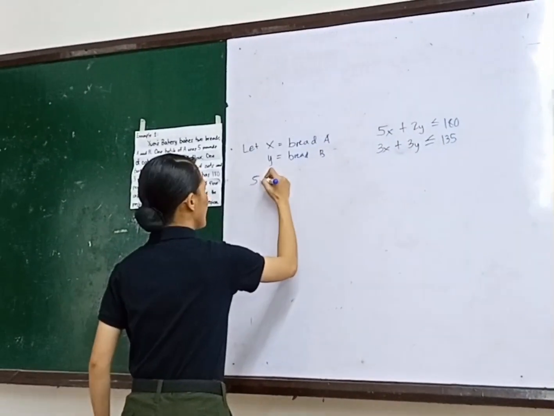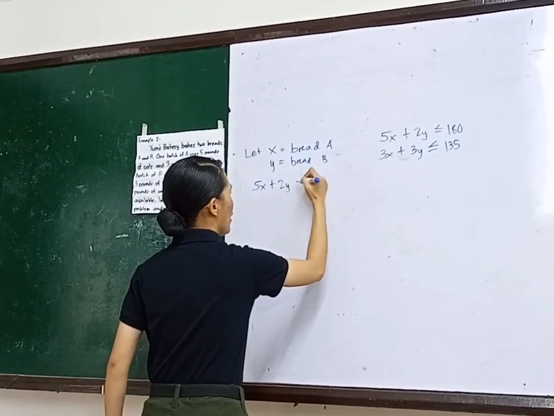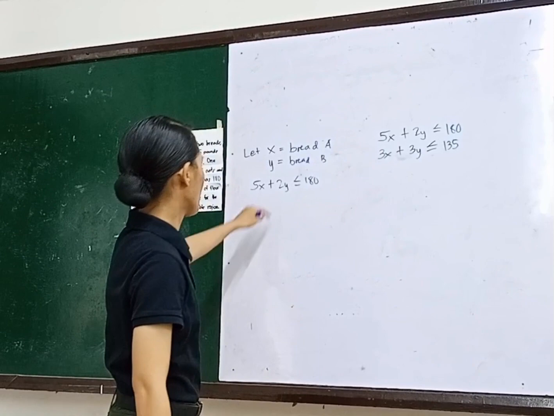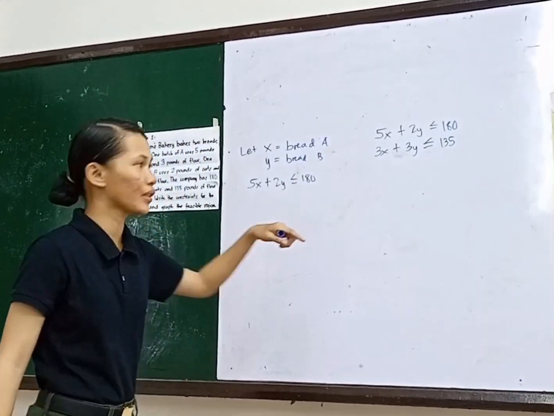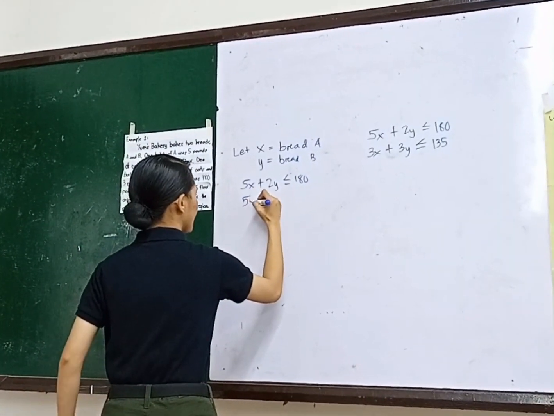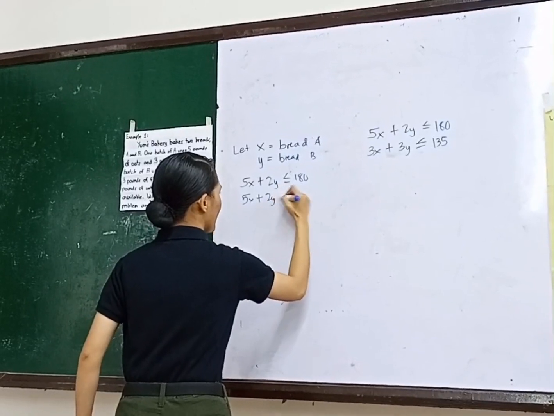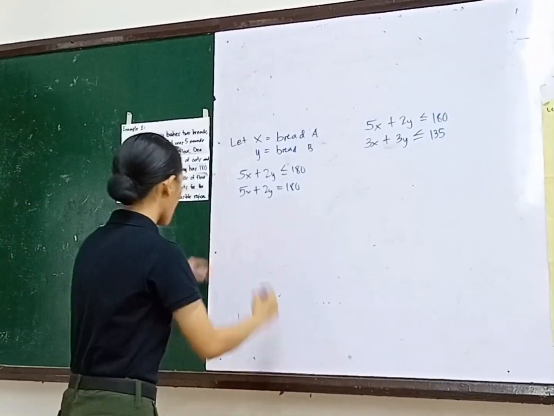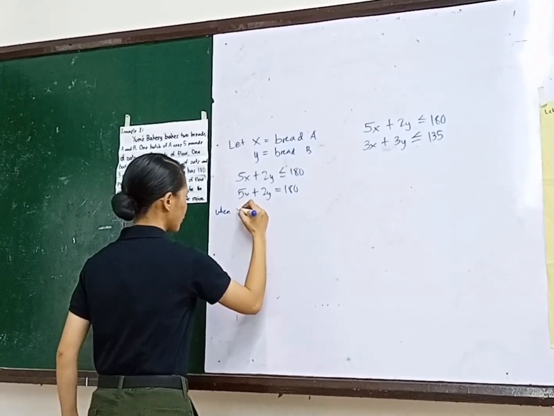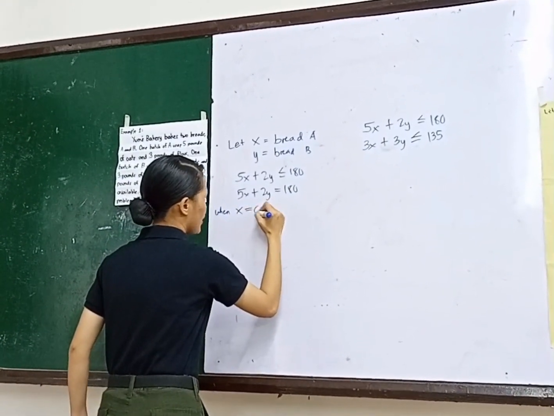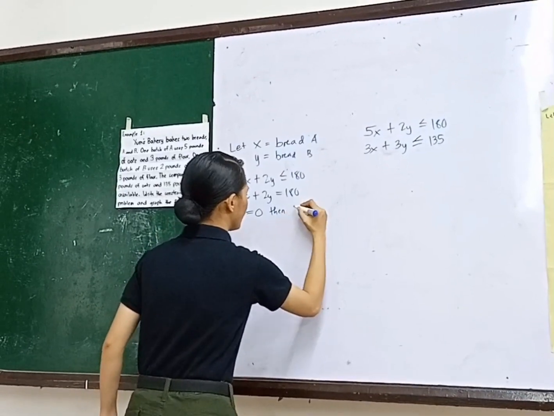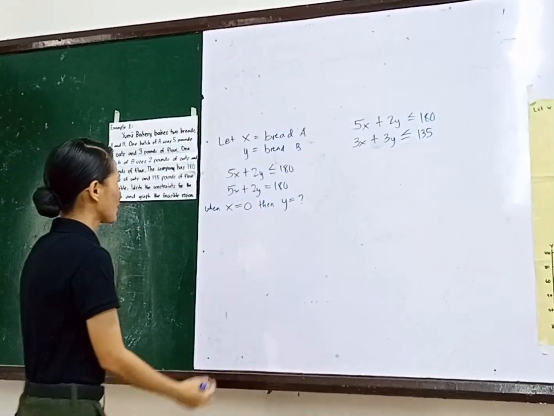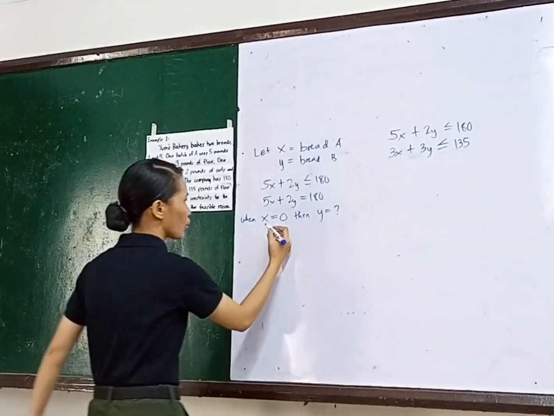So to draw the constraint, we copy this one. 5x plus 2y less than or equal to 180. We treat it as 5x plus 2y equals 180. Then when x equals 0, y is blank.